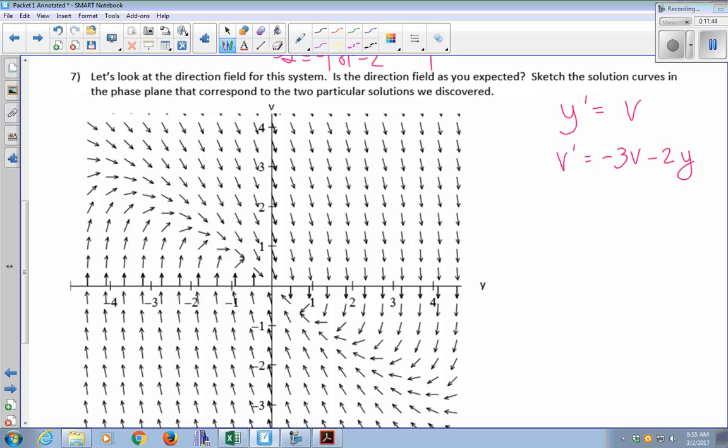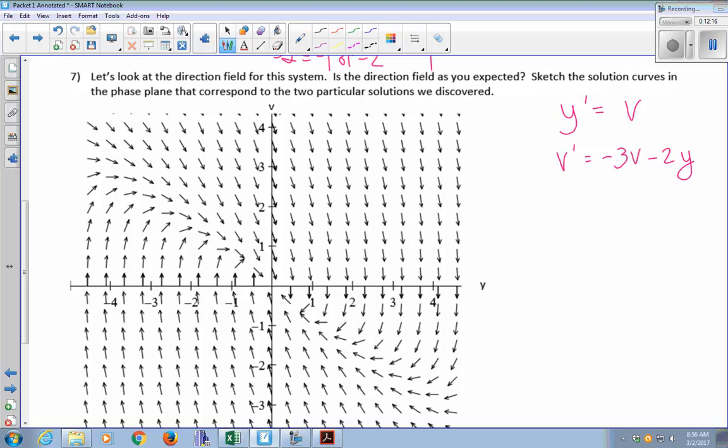When you create a phase portrait, a direction field to make a phase portrait, your y is your horizontal axis and your v is your vertical. Super annoying because you always think of y as being vertical. But y is your first equation that shows up here, so it's going to be your horizontal. Because I'm thinking of y as position, yeah. Yep.